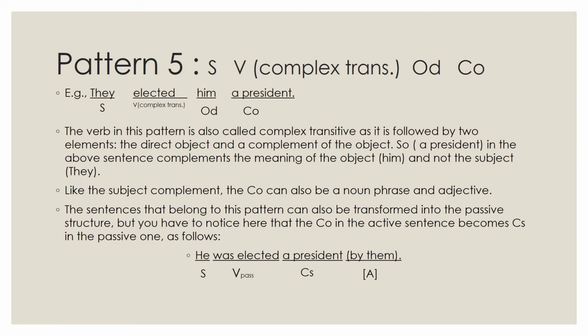That's why we called it subject complement. Here the complement complements the meaning of the object. So who is the president? Is it "they" or "him"? Him, and "him" is a direct object. That's why "a president" is an object complement.